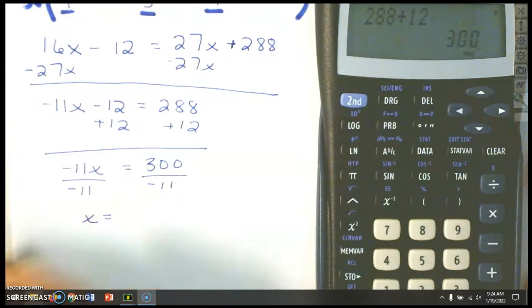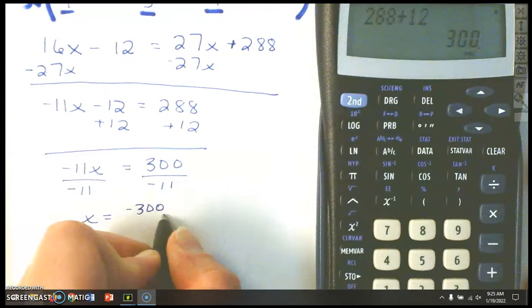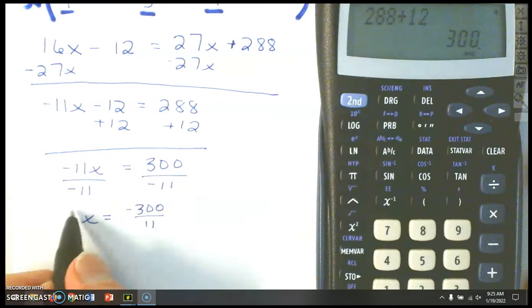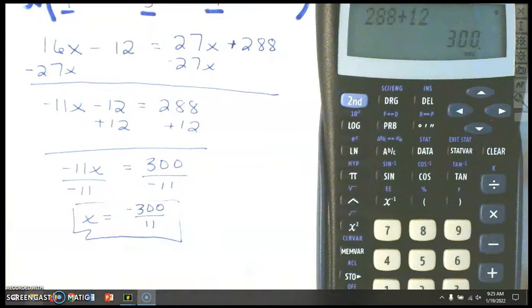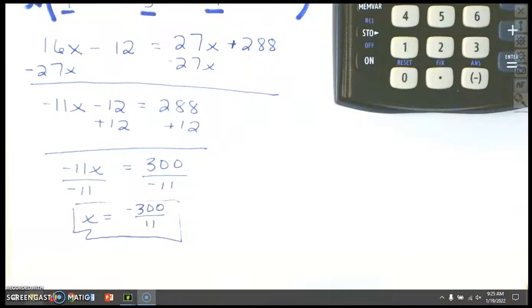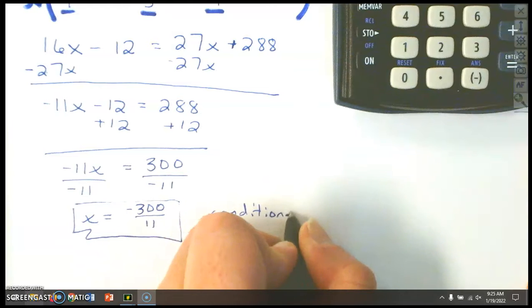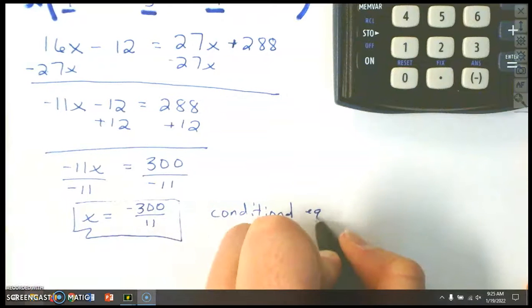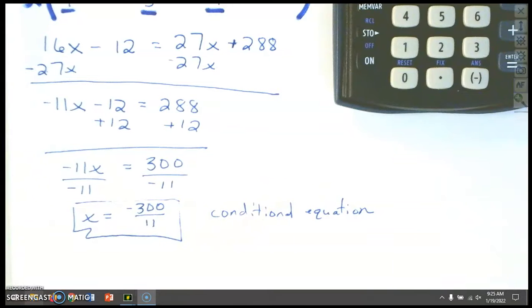So then what's my final answer? Bring the negative up to the top. Minus 300 over 11. Okay, and that's your final answer. And this, again, is an example of a conditional equation.